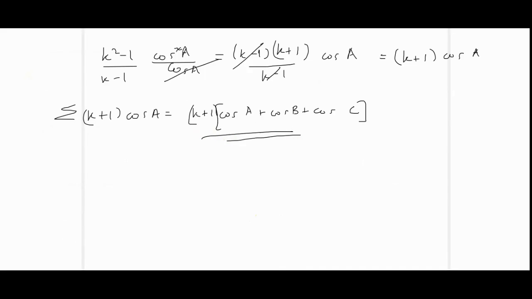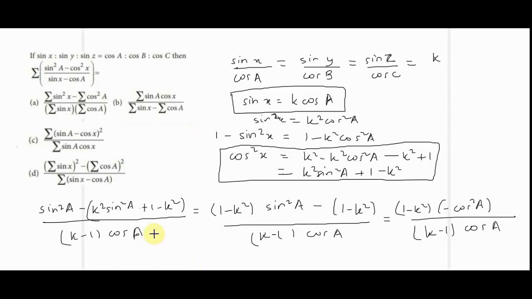Some of them will be very complicated. As you can see, you have sin a times cos x here, but cos square x is this, so cos x will be root of k square sin square a plus 1 minus k square, and it's going to be a messy expression. So let's leave that out for right now, and we'll come back to it later.